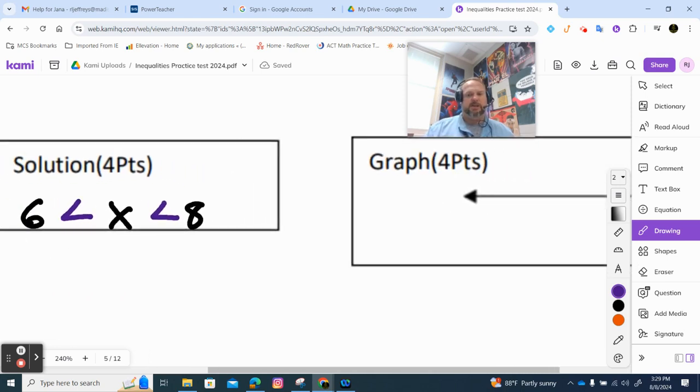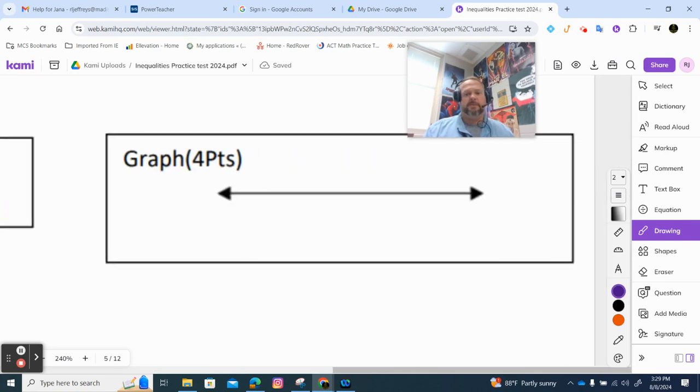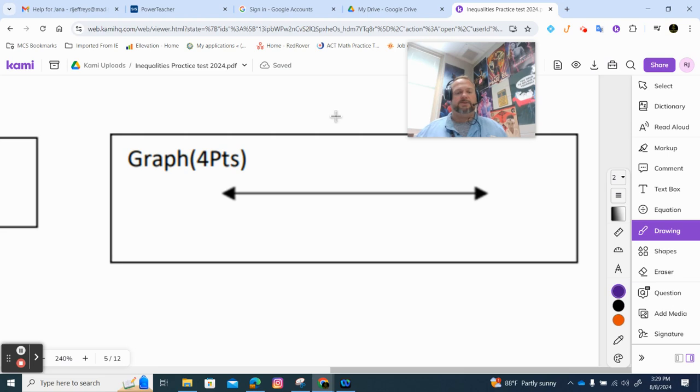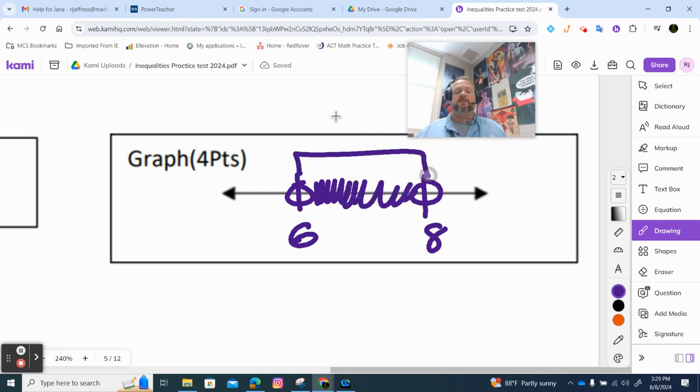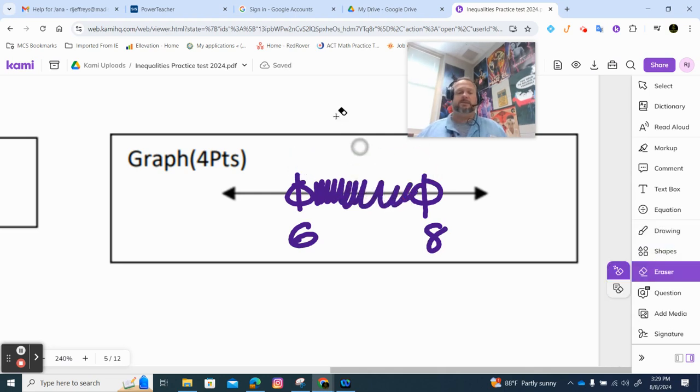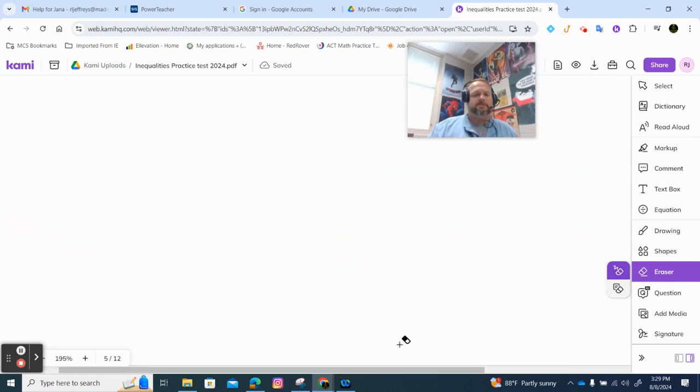Okay, there's the answer. Hit pause if you need to. I'm moving on. So our answers were 6 and 8, and they were open circles because they're in the friend zone. I can shade in between them like this if I want to, or I could do the up and over. I don't care. Hit pause. Cover it. Moving on. I got stuff to do.